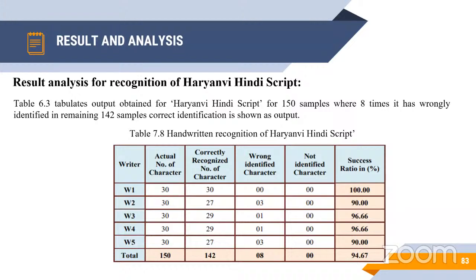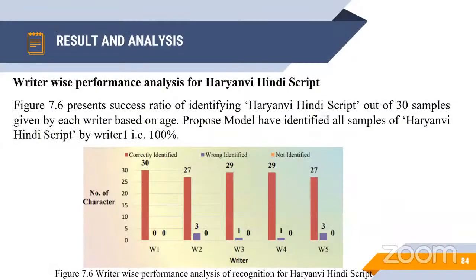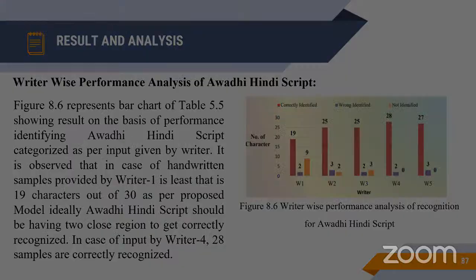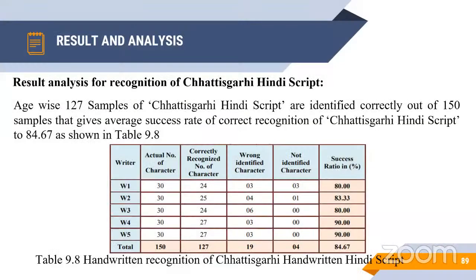The next one is Haryanvi Hindi: again it is 100, 90, 96, 96, 90, and the total is 94. The analysis of Awadhi Hindi gives a total of 82.67%. The analysis of Chhattisgarhi Hindi gives 84.67% accuracy.